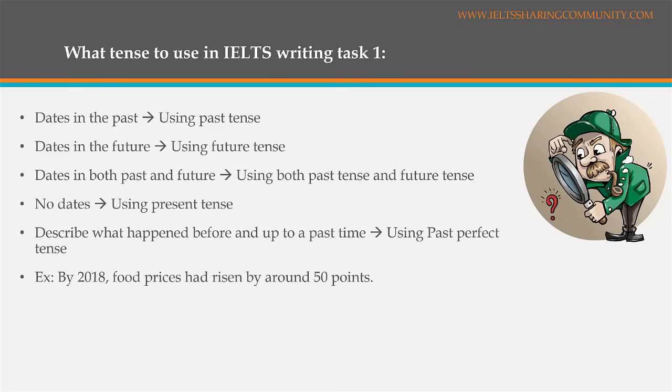Dates in the future, use future tense. Dates in both past and future, use both past and future tense. No dates, use present tense. To describe what happened before and up to a past time, use past perfect tense. For example, by 2018, food prices had risen by around 50 points.